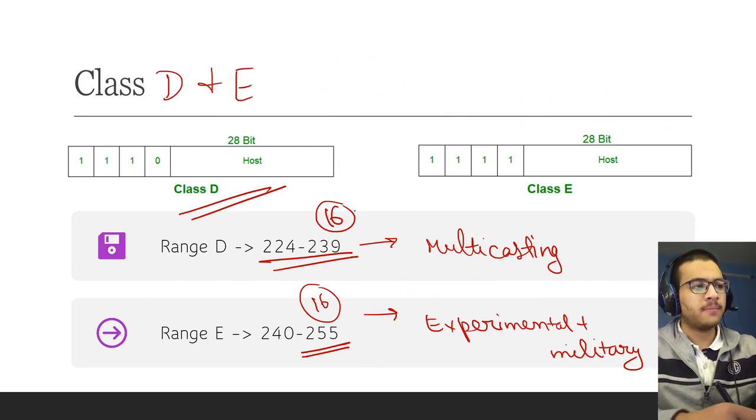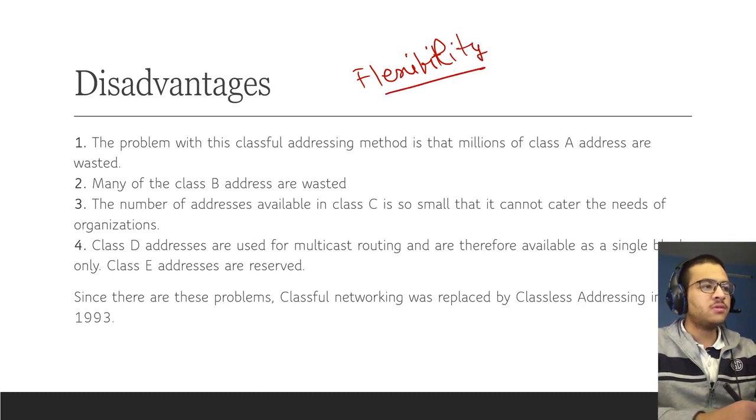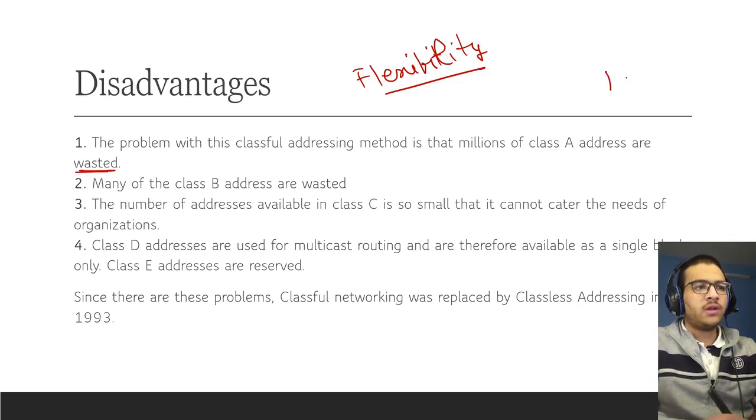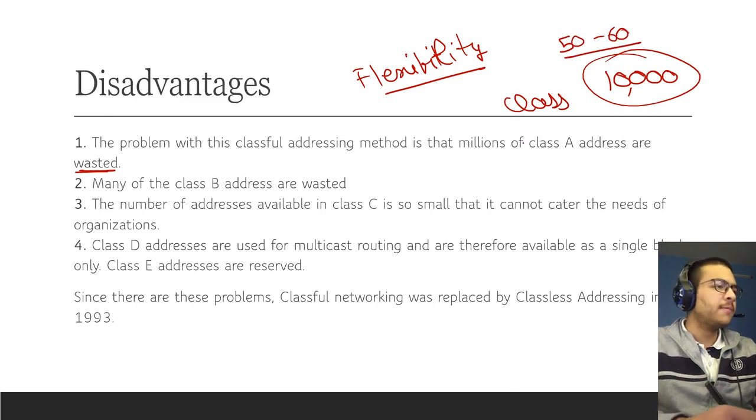So what are the disadvantages? As I told you, this is not quite flexible. Flexibility means that you can adjust it according to your needs. Millions of class A addresses are wasted. If we only want 10,000 addresses and we provide class B, still approximately 50 to 60,000 addresses are wasted.